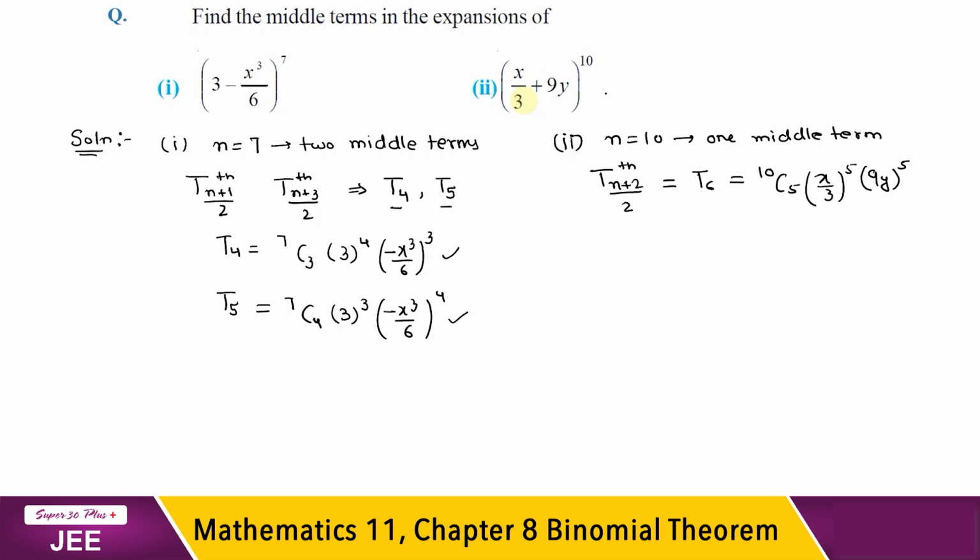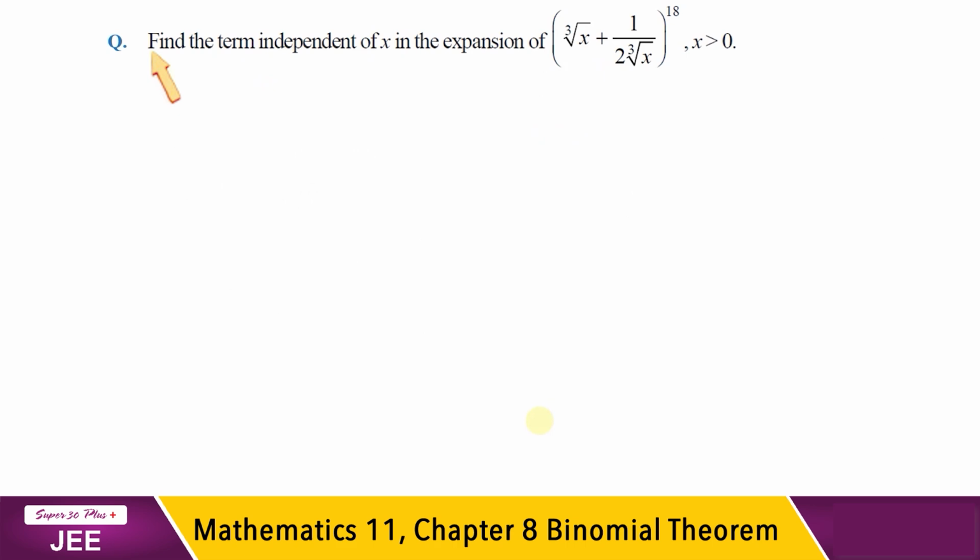Alright, let's move further. The next question is based on the term independent of x. We have to find the term independent of x in the expansion of this binomial where x is greater than 0. So for the term independent of x, we will have to write down the general term of this binomial expansion. So the general term is t(r plus 1), which is nCr, and n is equal to 18.